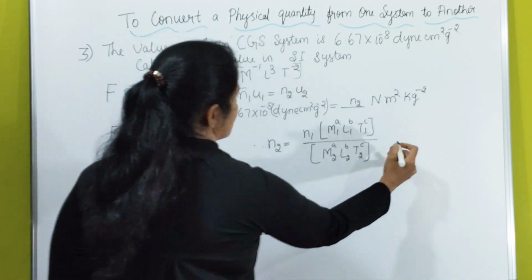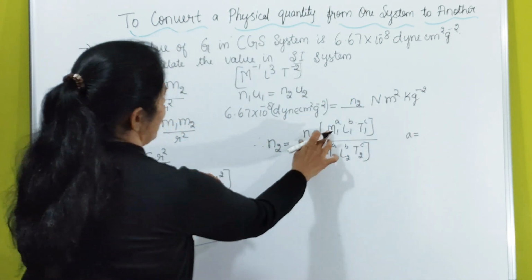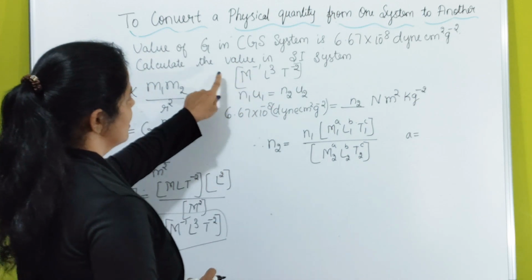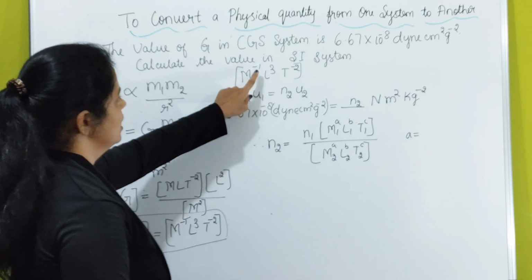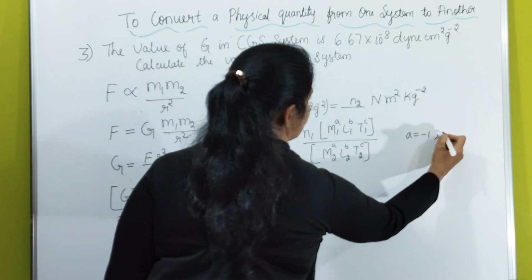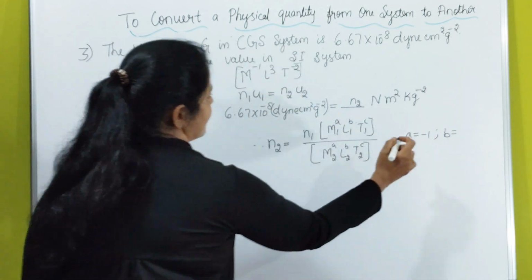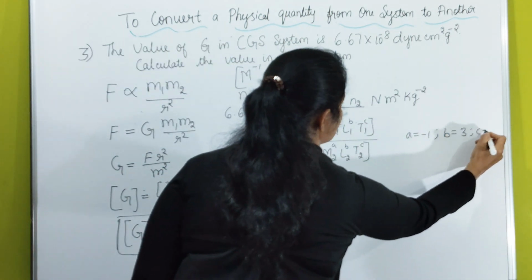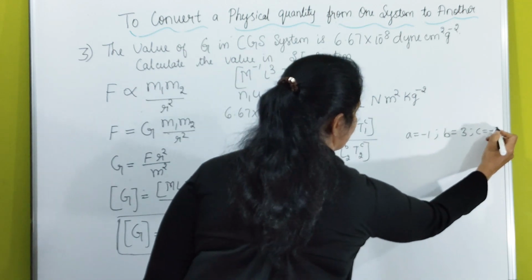Here you compare this with this. This is the dimensional formula of G. A is minus 1, B is 3, and C is minus 2.